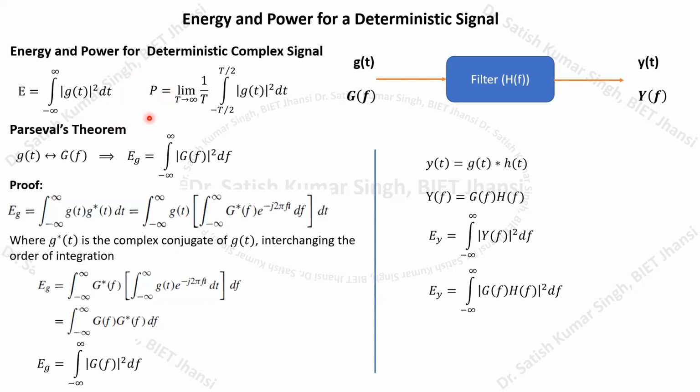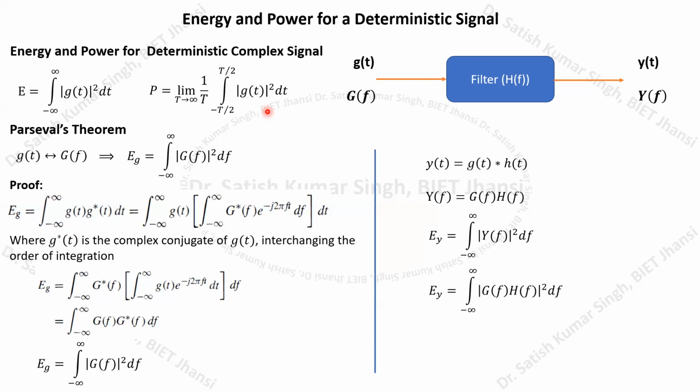To calculate the power, we follow this particular formula, which I have already explained in my previous lectures: limit T tends to infinity, 1 by T, and then integrate over a particular interval of time. This is the known mathematical form that I have already discussed in my previous lectures about the energy signal and the power signal.